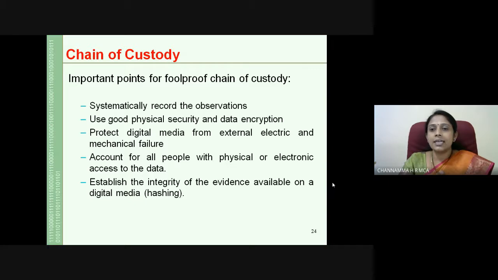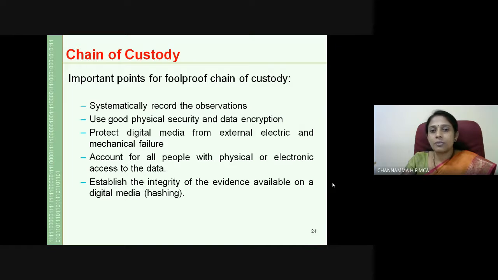And data encryption: it has to be encrypted in a different format and stored, and it is better to always keep multiple copies at different places. So if one copy gets altered, we can use the other copy.